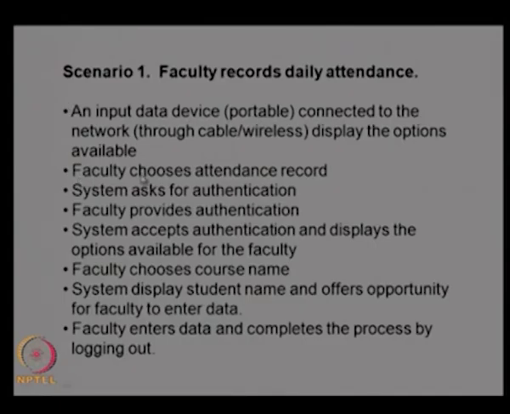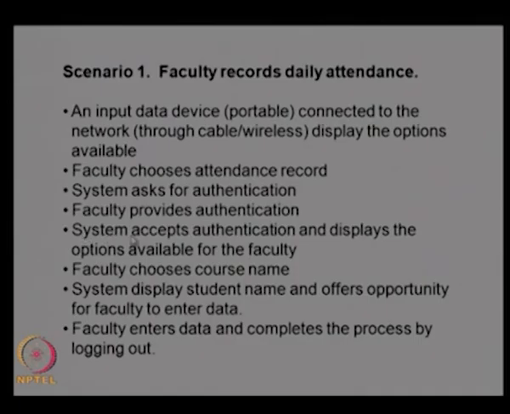Then faculty chooses attendance records, then the system asks for authentication and faculty provides authentication. When we say faculty provides authentication, that means there should be a provision to provide the authentication. This can be in different ways. It can be a password authentication, or a fingerprint authentication, or some other way of authentication like a swipe card or magnetic card.